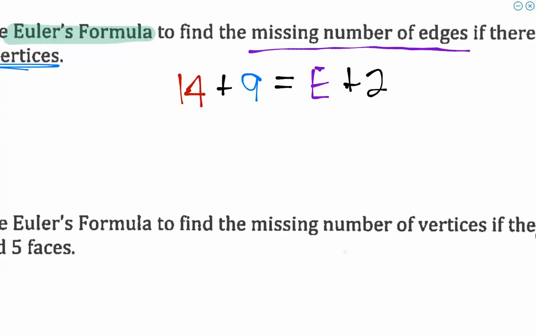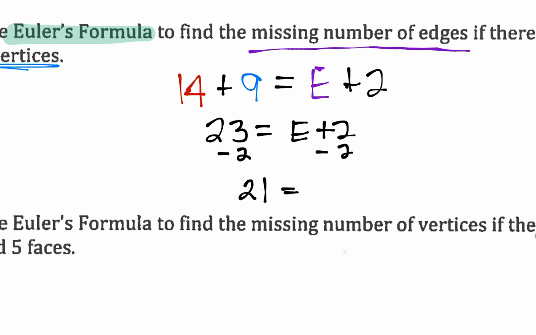Once you have that set up, you're just going to solve it like a regular Algebra 1 equation. 14 plus 9 is 23. Subtract 2 from both sides. That means there are 21 edges.